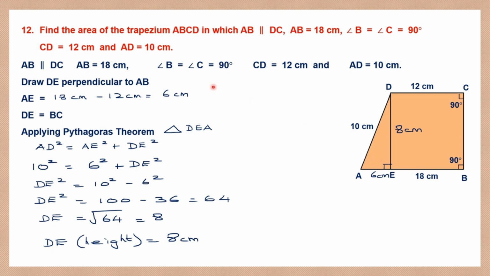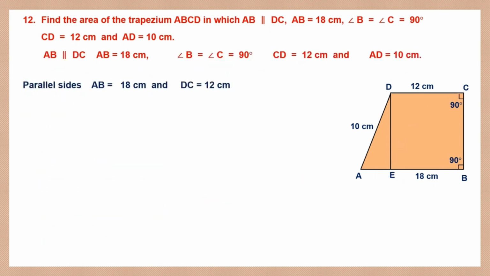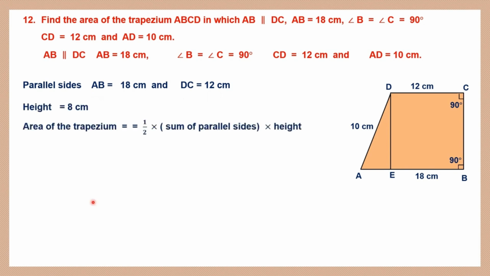So now that we have the parallel sides measurements and the height, we can find the area of this trapezium. AB is 18 centimeters, DC is 12 centimeters, and the height is 8 centimeters. The formula for the area of the trapezium is half into the sum of the parallel sides into height.